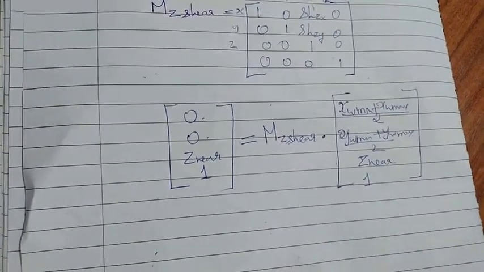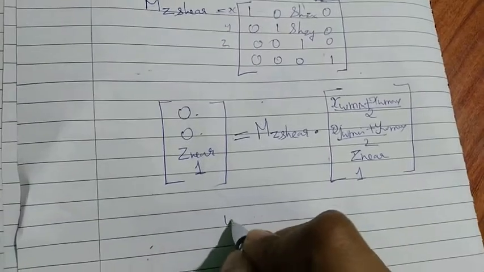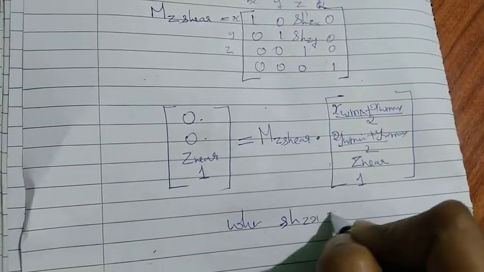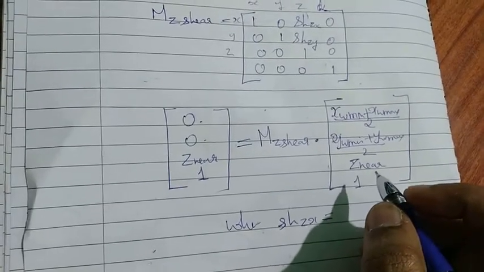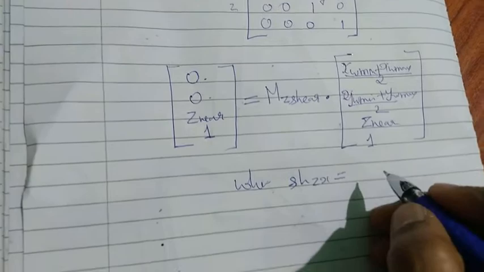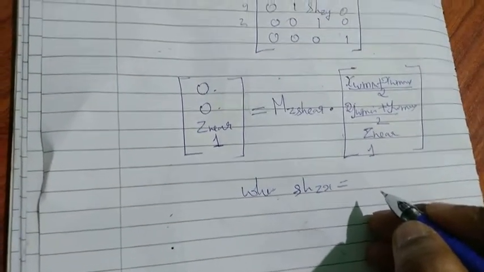So this will be the operation that is required, where we can consider our shzx to be equal to the first expression multiplied by minus 1 by z near. I'll tell you the proof.